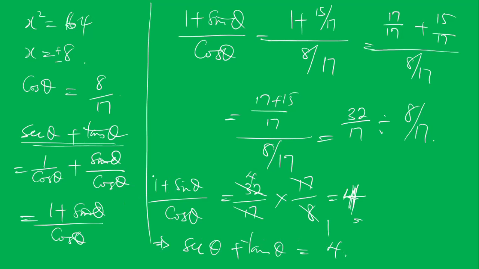So there is also another way to get to this solution, the second method. Let me call it the second method. Now the second method, they gave us sec theta minus tan theta, which is equal to 1 all over 4.